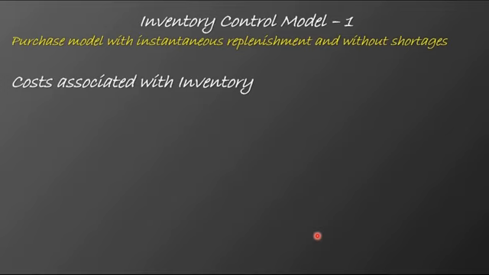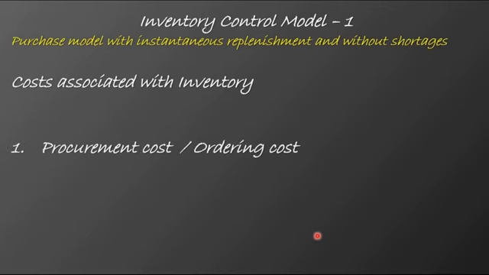Now let's discuss the first model of inventory control, that is purchase model with instantaneous replenishment and without shortages. Here we assume that the consumption of the goods is at constant rate, replenishment of the goods is instantaneous, procurement cost and inventory cost are constant, and cost of the item is also fixed for the entire year.